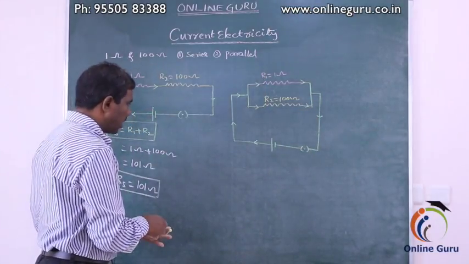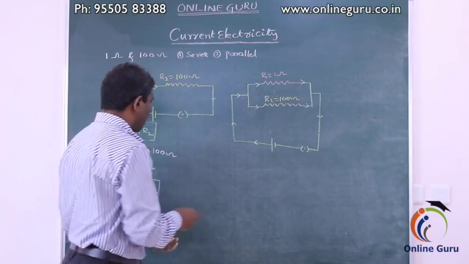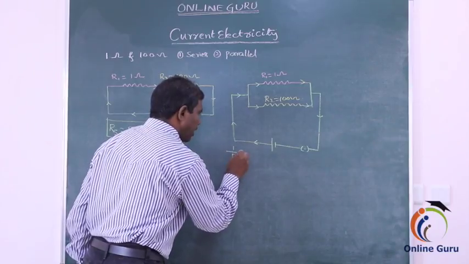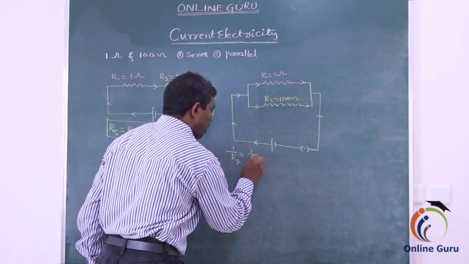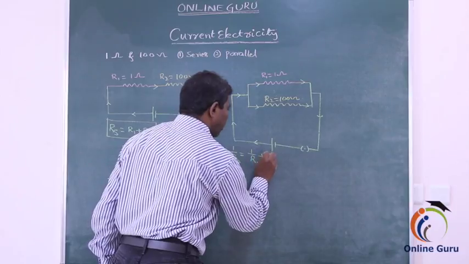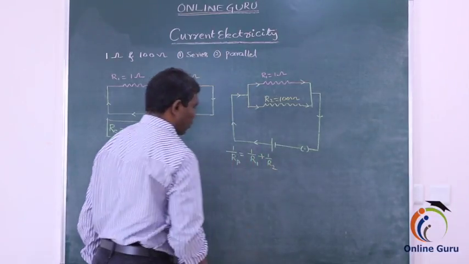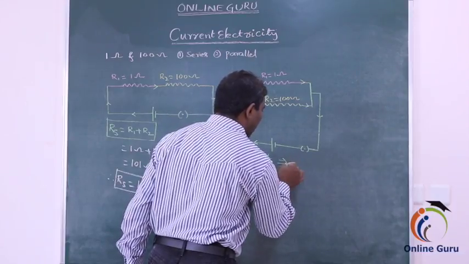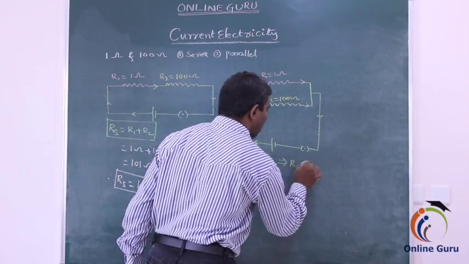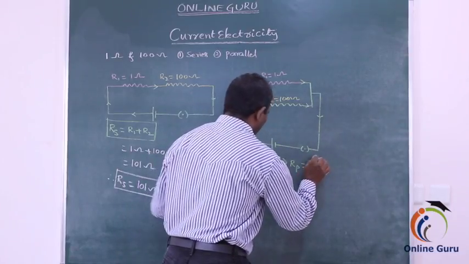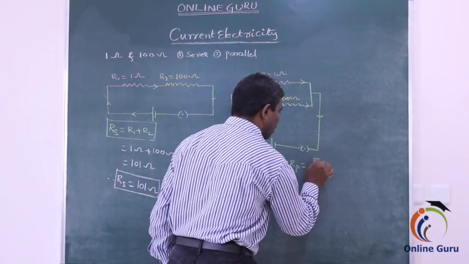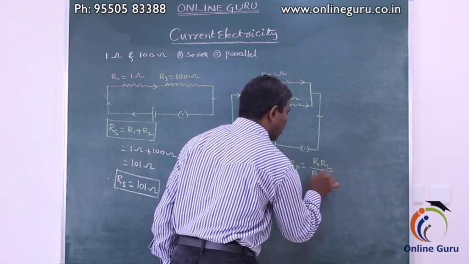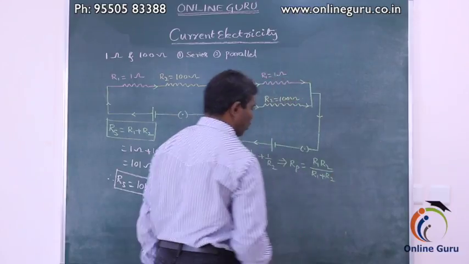In parallel combination, the resultant resistance: 1/Rp is equal to 1/R1 plus 1/R2. From this equation, the resultant resistance in parallel combination of two resistors Rp is equal to, taking LCM and simplifying, R1R2/(R1 plus R2).